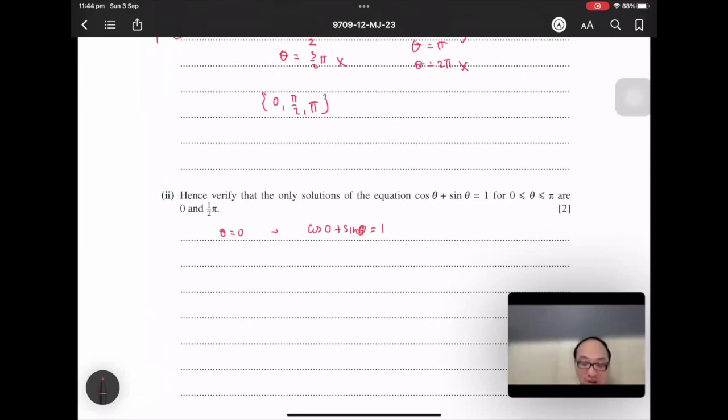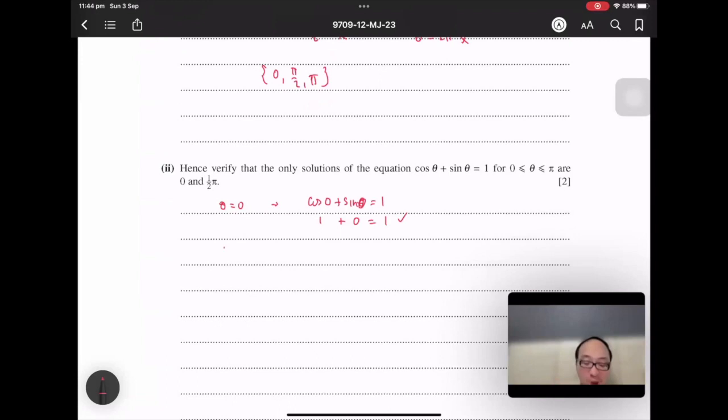Cos 0 is 1, sin 0 is 0. So this equals 1. Correct? And when theta equals pi over 2, it's cos pi over 2 plus sin pi over 2. Cos pi over 2 is 0, sin pi over 2 is 1. So it's 1. So correct.